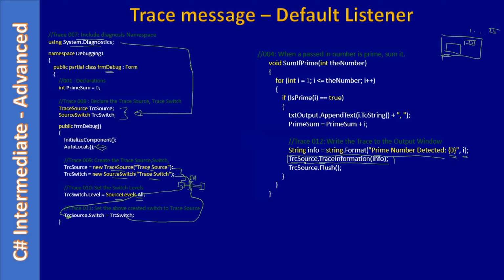So trace source dot trace information, that's the method we are calling, and we are passing this info. Then we are making a call to trace source dot flush. So what happens now, the message will be flushed to our debug output window. So for each prime number found, we will see a message in the debug output window.